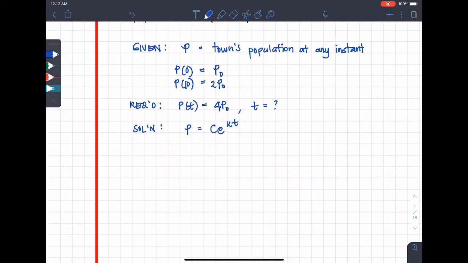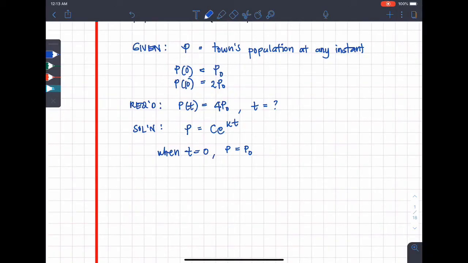So from here, let's try to get C first, because there are a lot of variables here. We have P, C, k, and t. So let's apply our first given, that is when t equals 0, P equals P sub 0.